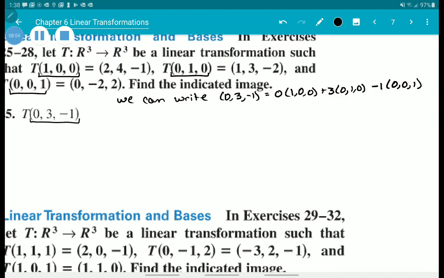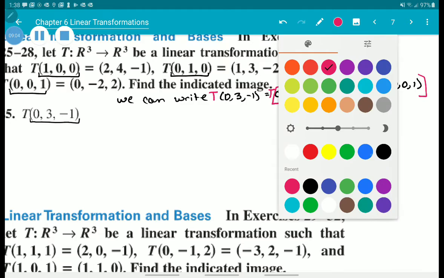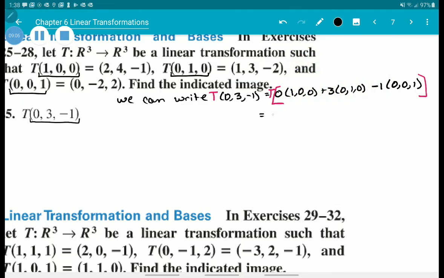And now that we know that linear combination, we can apply a transformation here. So transformation of all of that is going to be equivalent to 0 times the transformation of I plus 3 times the transformation of j minus 1 times the transformation of k.